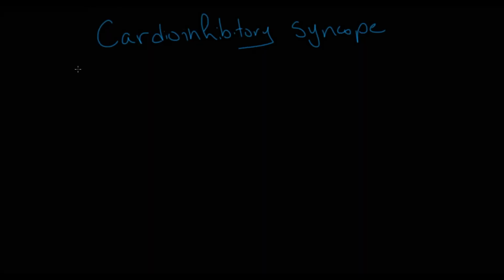Next, we're going to talk about the cardio-inhibitory syncopes and the pacemakers. Cardio-inhibitory syncope basically means there's fainting in response to an external trigger. So the external trigger could be anything from dehydration, trauma, pain, hunger. There's an extensive and long list of it. So what happens after we respond to the external trigger is basically a vagal response.